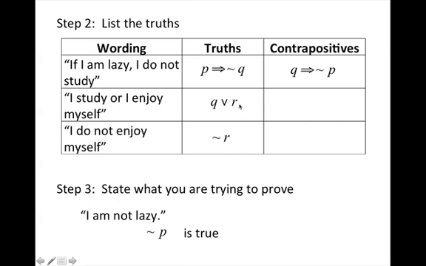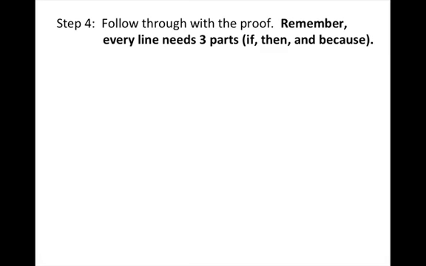Since R is false and it's involved in an OR, Q has to be true to make this OR statement true. Well, since Q is true and this implication is true, then I would know not P is true. And just remember, before I can use the contrapositive as true, I've got to prove it's true. So this proof is going to have several steps to it.